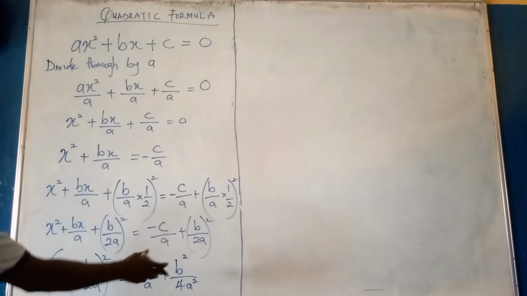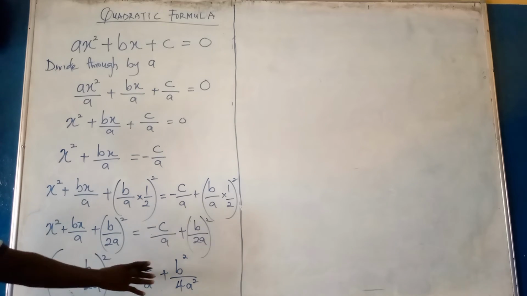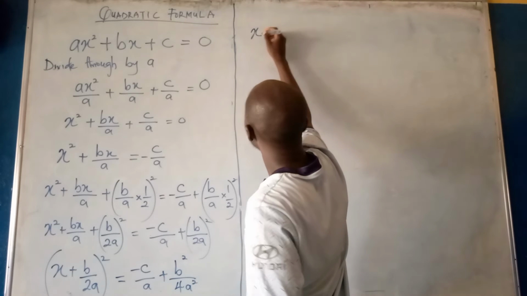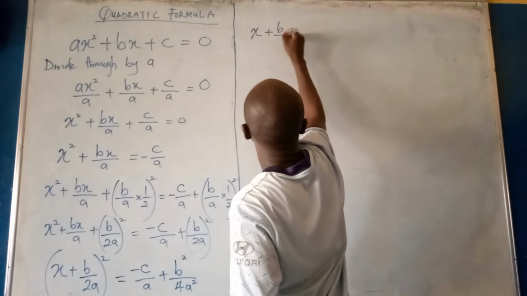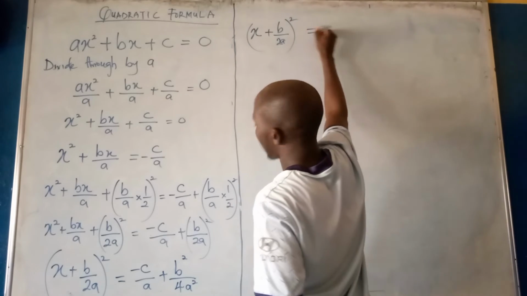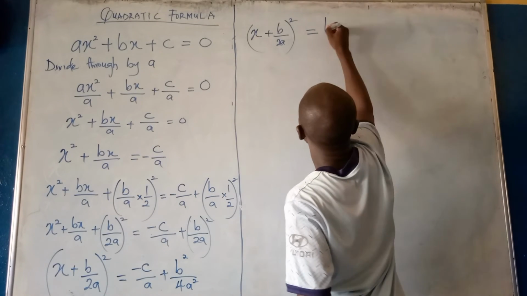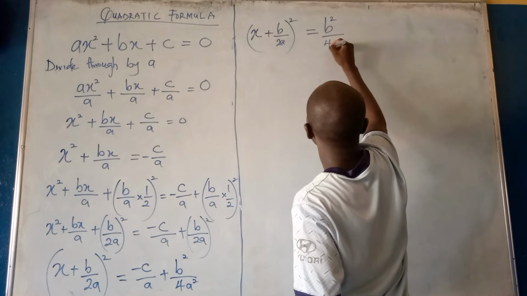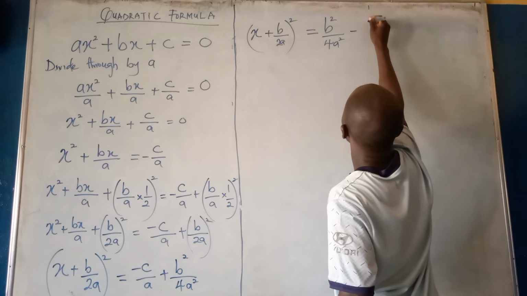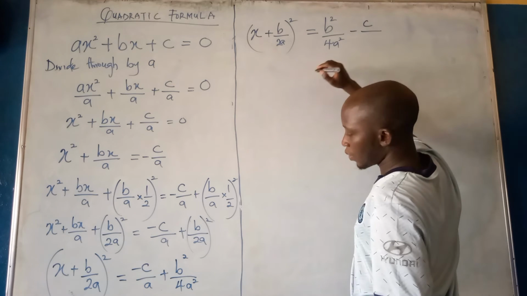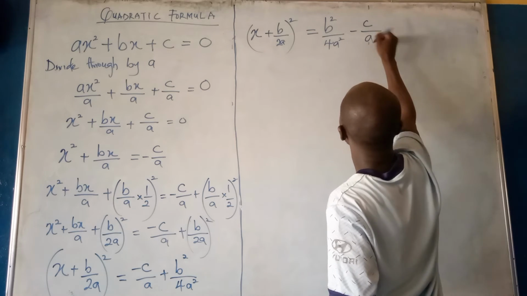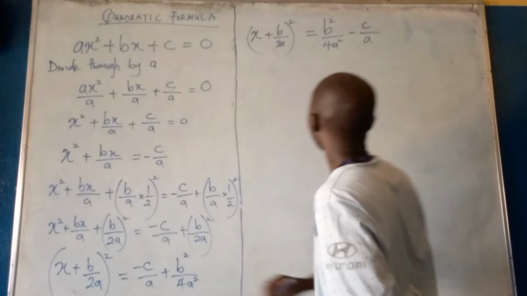So we already have that 4a squared, and I can write it this way: x plus b over 2a all squared equals b squared over 4a squared minus c over a.